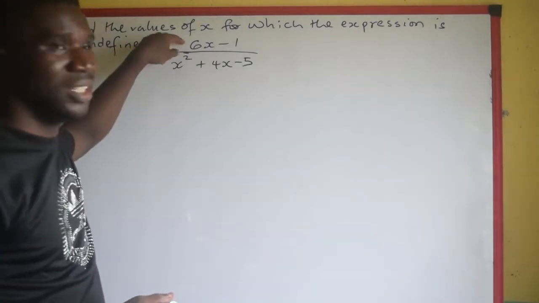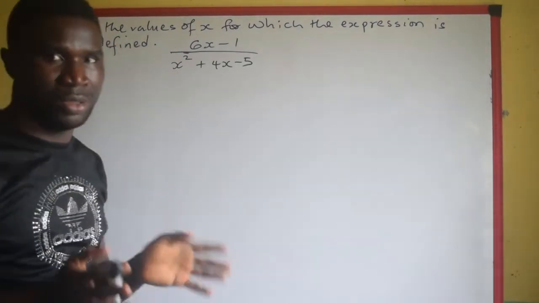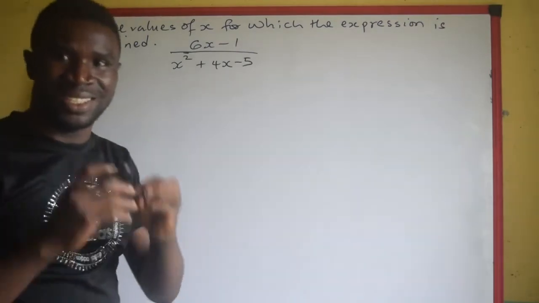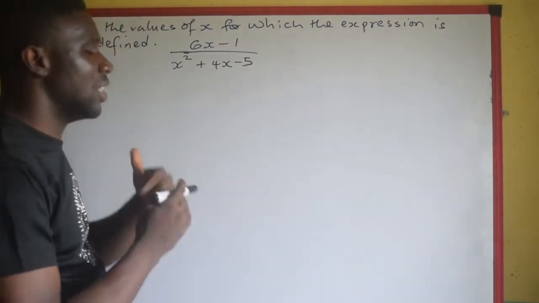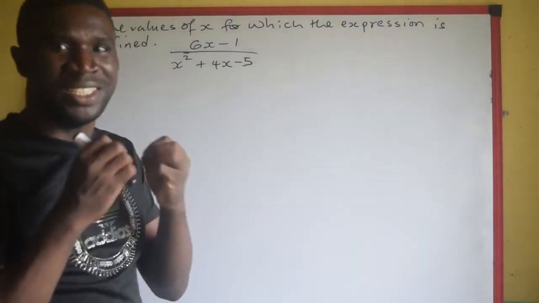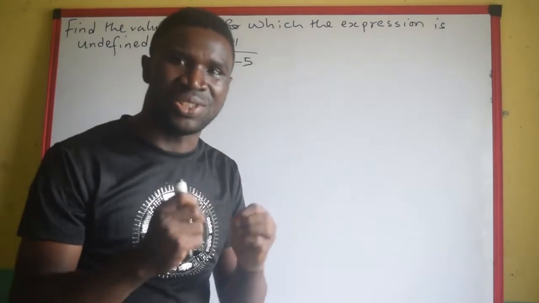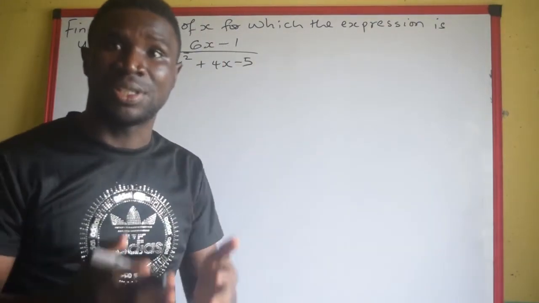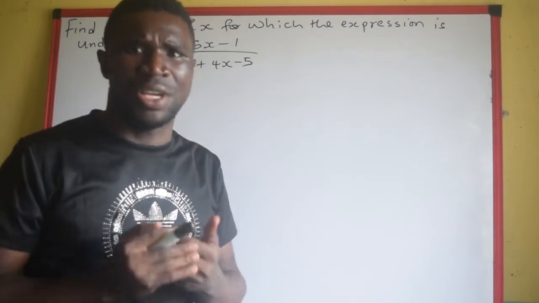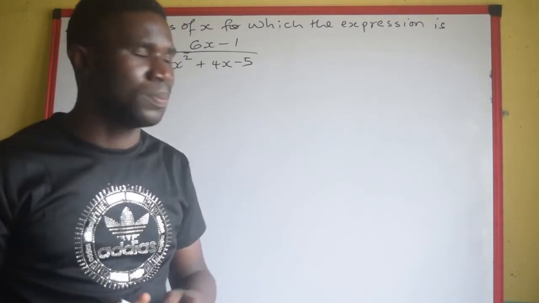We have no interest in the numerator, which is 6x minus 1. That is not our concern. Our concern is the denominator. When we consider the denominator, we find out that it is not in its lowest term. That means the denominator can be factorized. So the first thing we do here is to factorize the denominator.